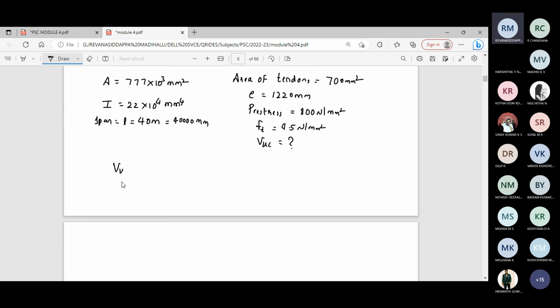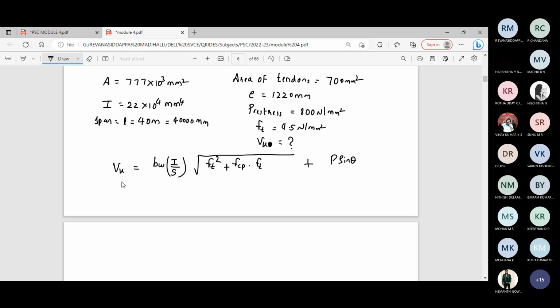Vu is equal to Bw into I by S into root of Ft square plus FCP into Ft, plus P sin theta.